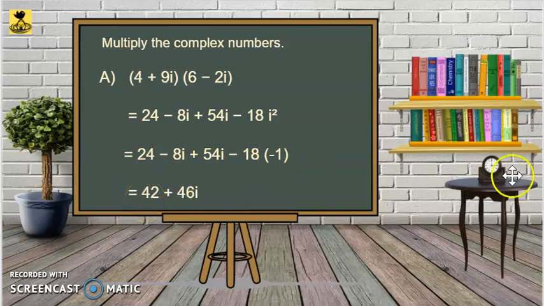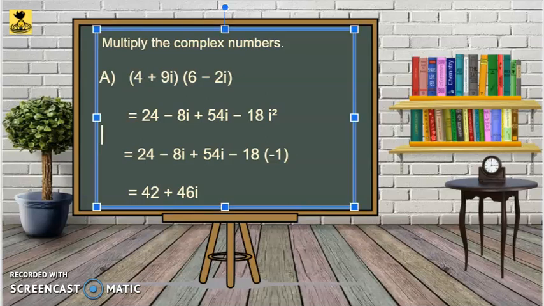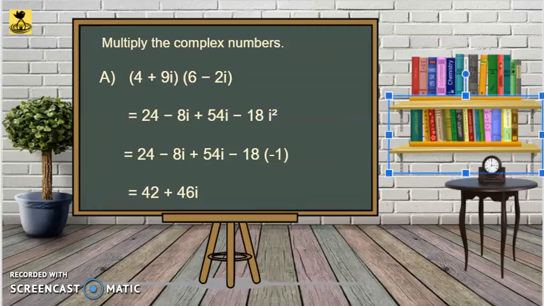Where did we get 42? Negative 18 times negative 1 is positive 18, plus 24, that is 42. And combining negative 8i plus 54i, we got 46i. So that is our final answer.